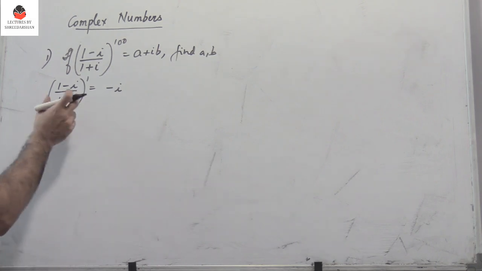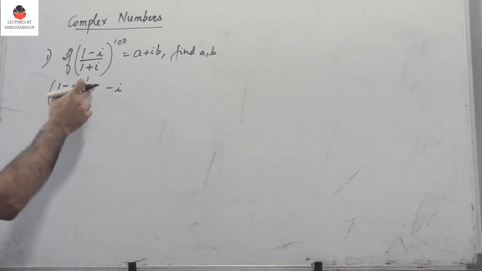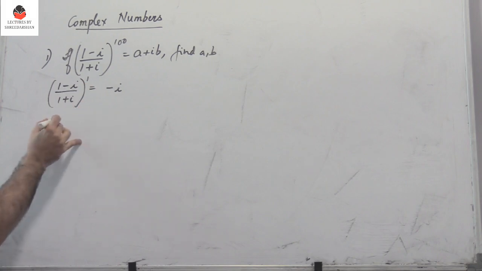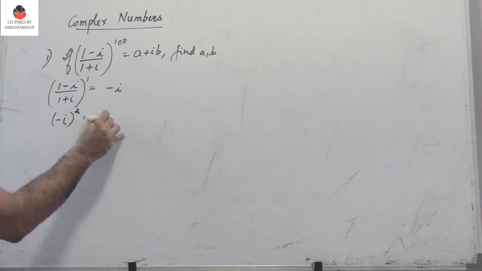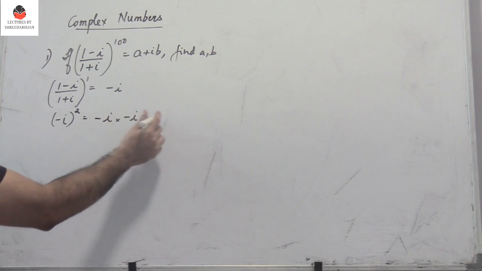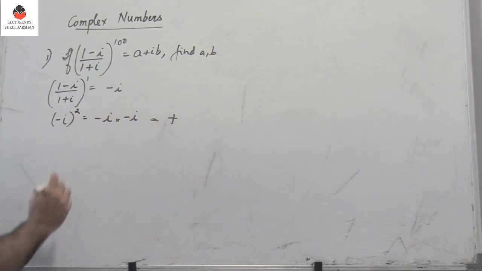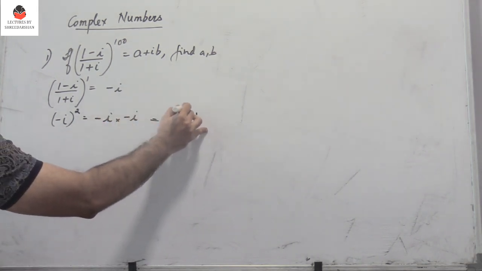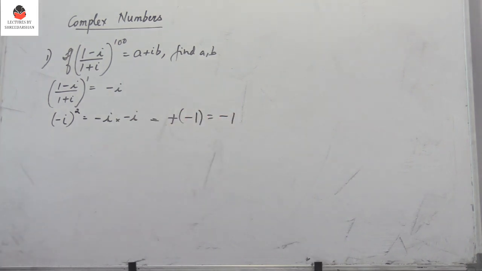Now this expression power 1 is minus i, so let me take its square. Minus i whole square equals minus i into minus i. Minus into minus is plus, i into i is minus 1. So this is minus 1.